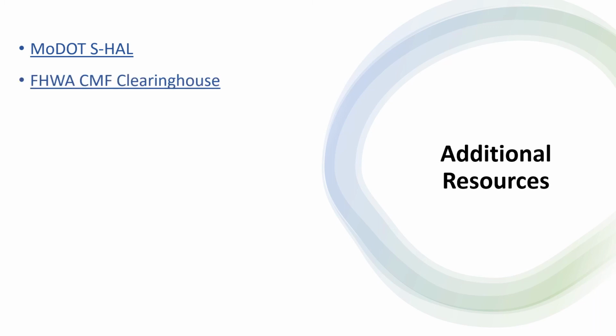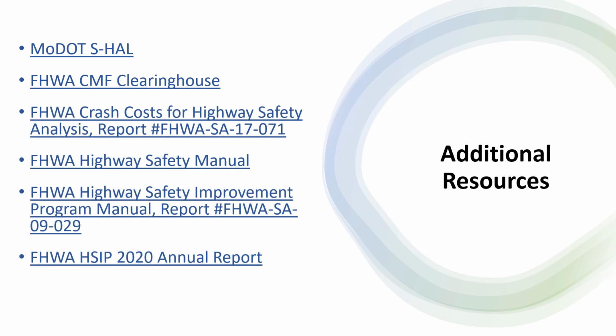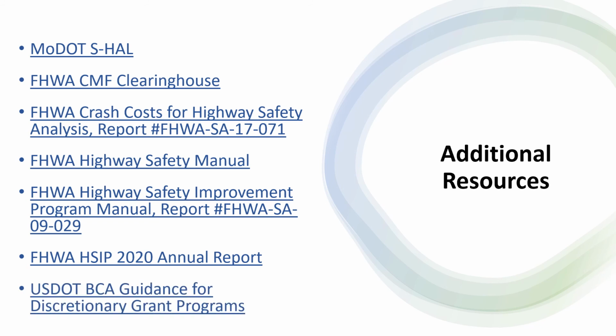In addition to MoDOT EPGs, more information can be found in the MoDOT Safety Handbook for Locals, SHAL, the FHWA CMF Clearinghouse, various FHWA reports and manuals, and U.S. DOT BCA guidance for discretionary grant programs.